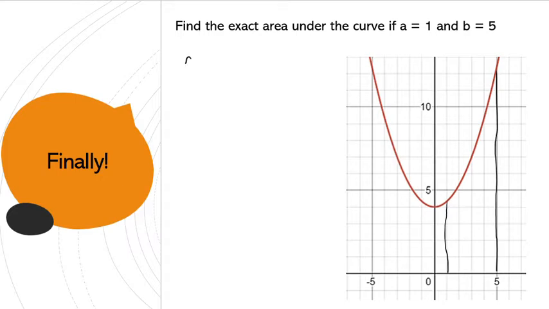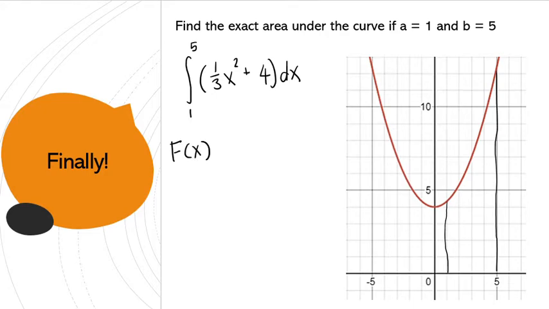So we are going from 1 to 5, those are our bounds, and our function is 1 over 3 x squared plus 4 with respect to x. What we have to do is find the antiderivative first, and we've already done this too: using the power rule, it was x cubed over 9 plus 4x.